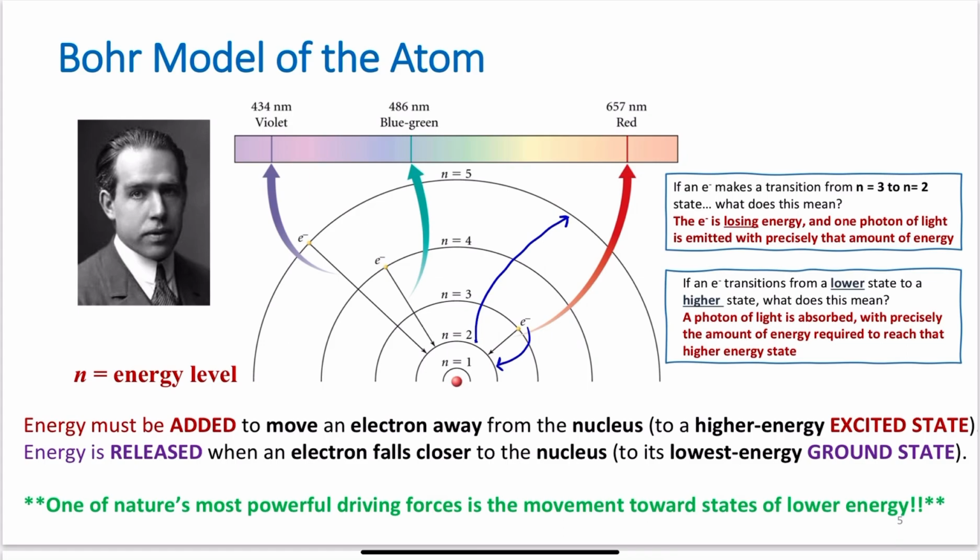Energy is released when an electron falls closer to the nucleus to a lower energy ground state. And when these transitions happen, especially the transitions from higher energy to lower energy state, it corresponds to different colors of what we see as the rainbow. But we can identify what the elements are and what's being gained and lost in the system due to those colors coming through.